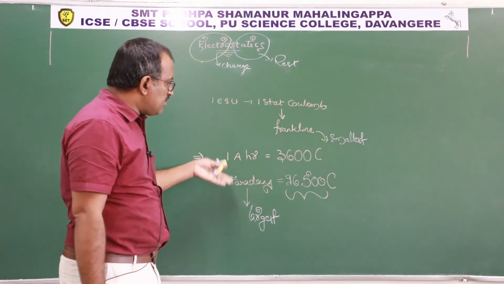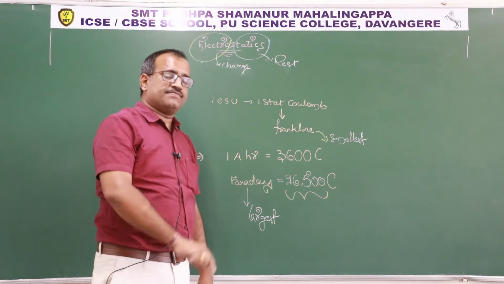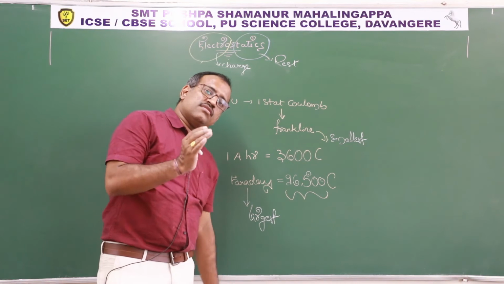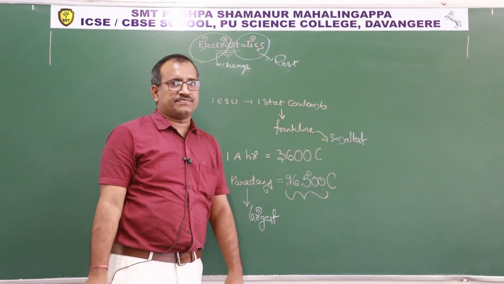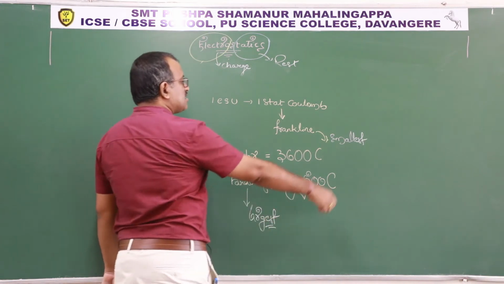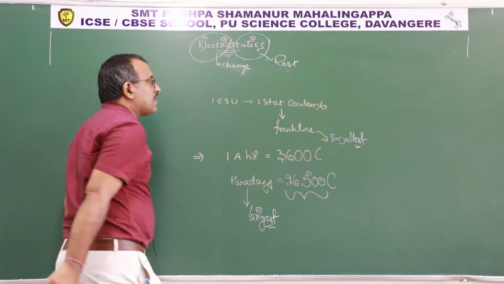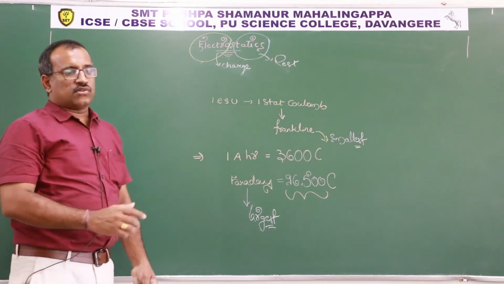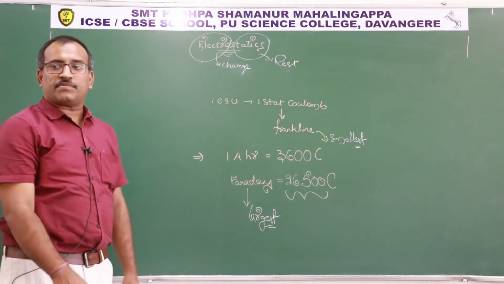Like that, for every unit you read, you must know which system it belongs to. So this is the largest unit and this is the smallest unit. That's all about the units. So we will move on to the next topic.